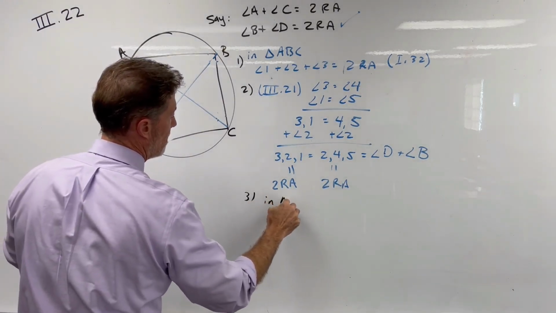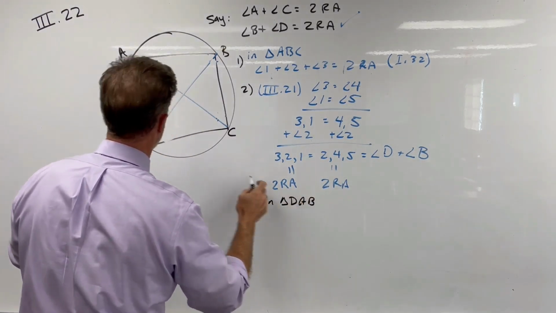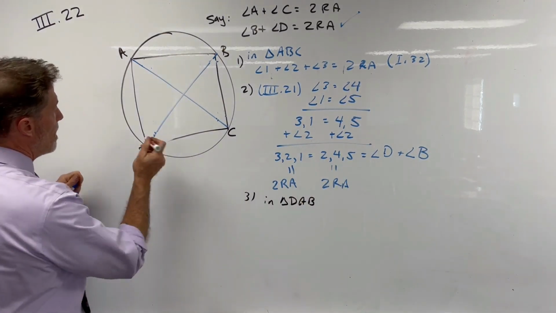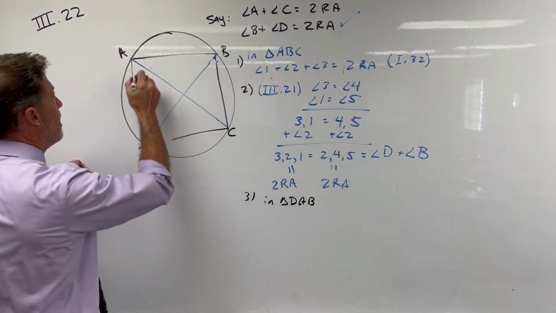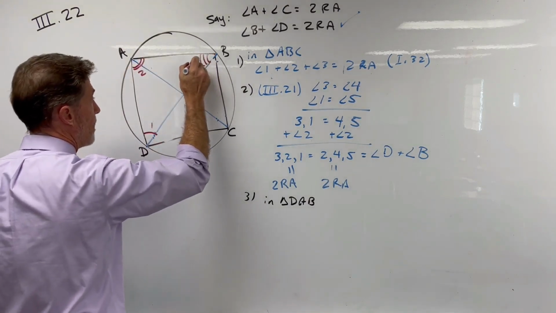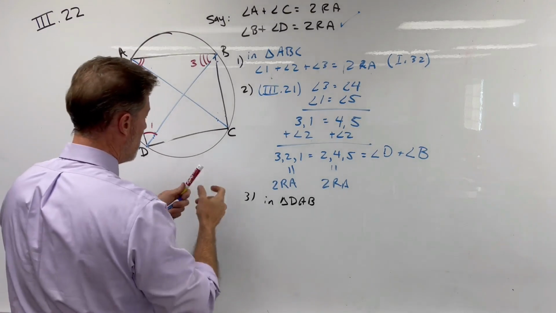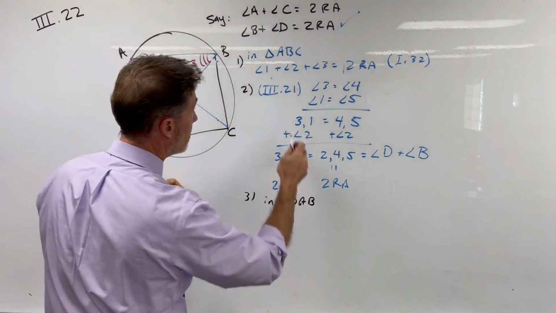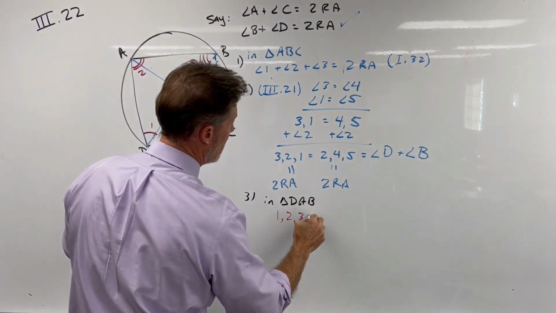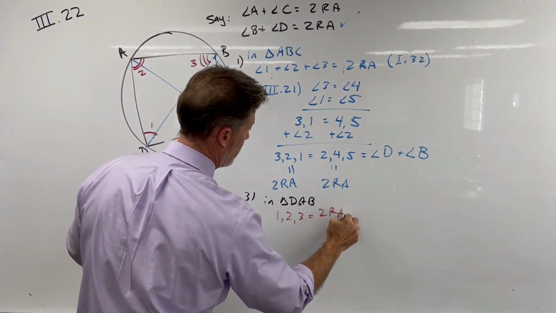In triangle DAB, let's do a different color, we know that this angle, angle 1, this angle, angle 2, and this angle, angle 3, are altogether equal to two right angles. So 1, 2, and 3 equal two right angles.